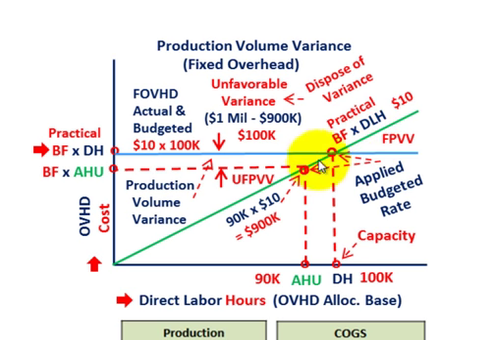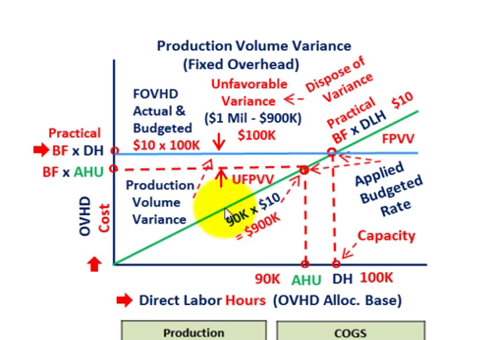It's all based on the allocation base you use, times the actual hours for the period, versus what you established as your fixed amount. But you can see it does make a difference. Had we used the theoretical amount, the fixed overhead would be the same. Fixed overhead, theoretical, practical, normal would be the same.